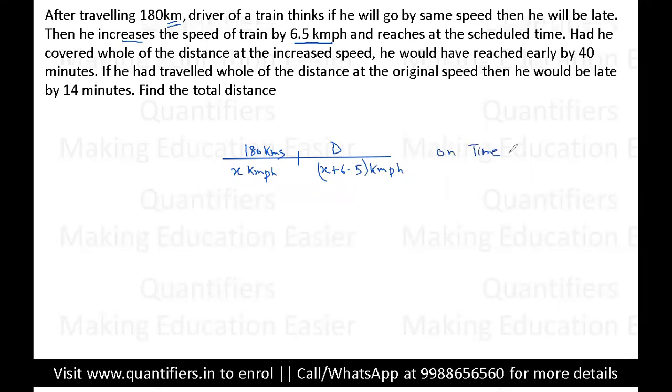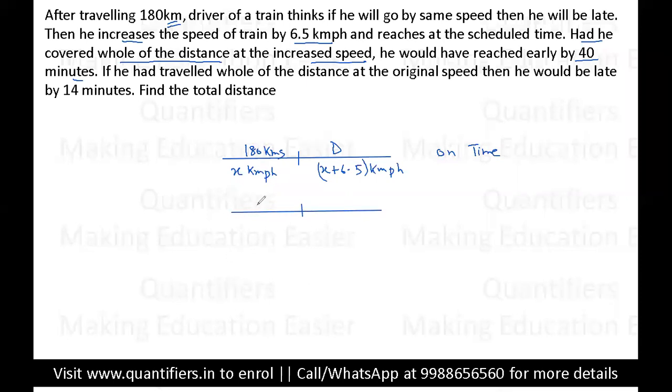Now further they have given, had he traveled the complete distance with the increased speed, he would have reached 40 minutes earlier. अगर वो पूरा distance increased speed से करेगा, then he will reach 40 minutes earlier.